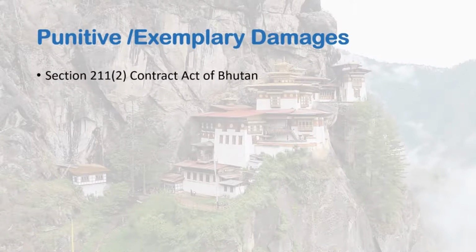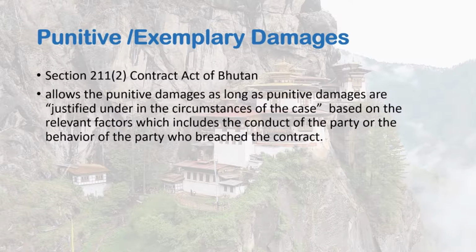Now, under Section 211, Part 2 of the Contract Act of Bhutan, punitive damage is recognized, and this section allows punitive damages as long as they are justified in the circumstances of the case based on the relevant factors, which include the conduct or behavior of the party who breached the contract.